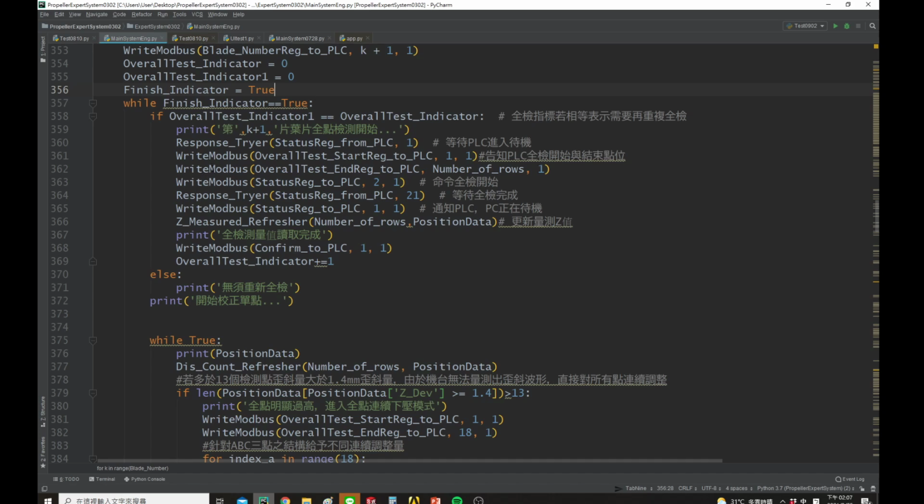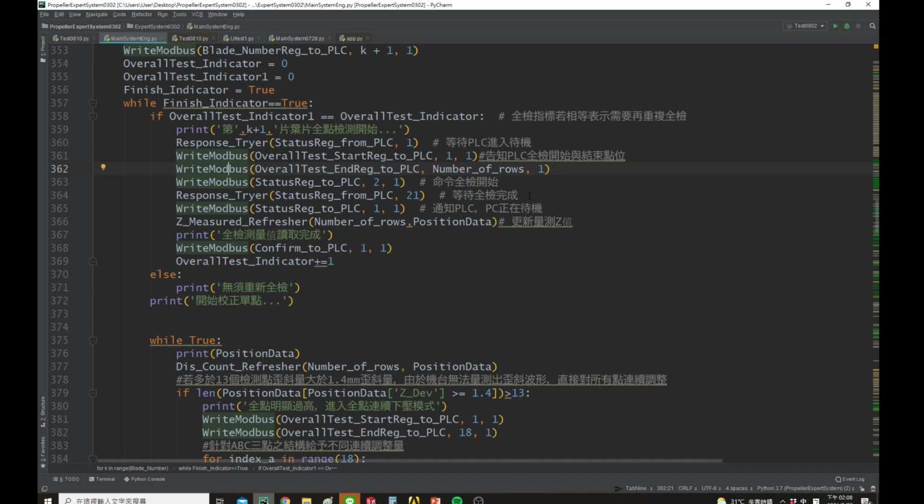So now, this is for overall testing, and here is some communication between the PC and the PLC. Here we print that the K+1 blade begins to do the overall test. So here it's communicating with the PLC, telling the machine to do an overall test.